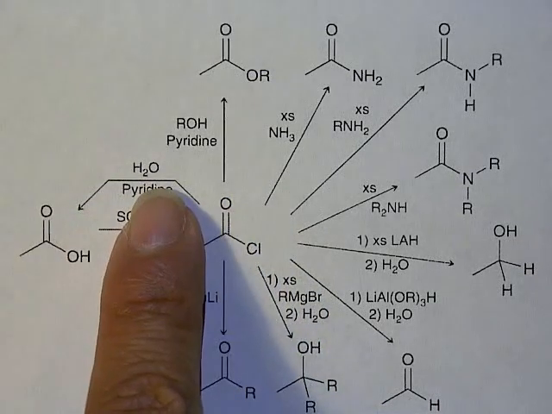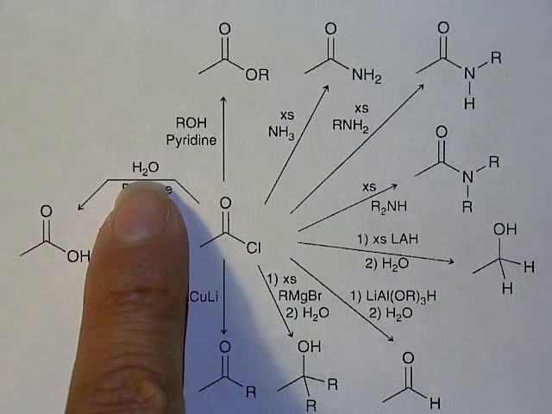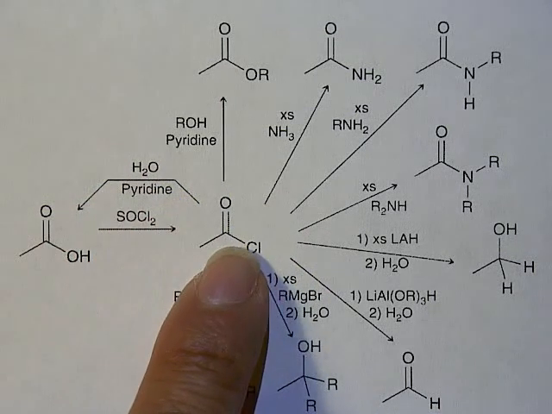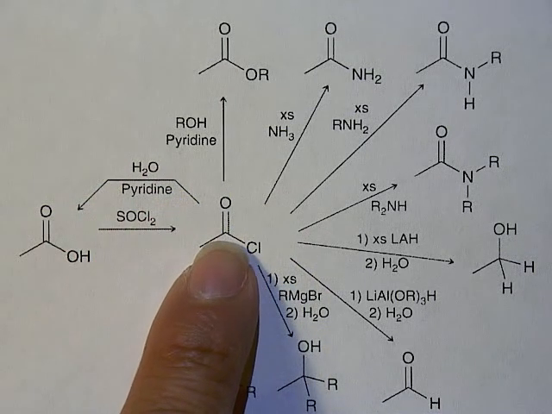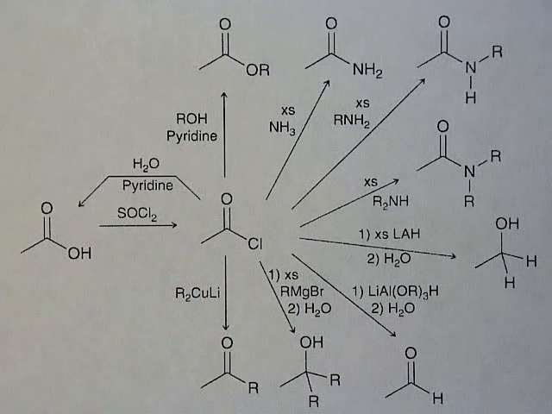One of the first nucleophiles that you should be able to figure out is water. Acid chlorides are very reactive, so they're prone to hydrolysis. Even if you buy acid chlorides in a jar, you have to make sure that you cap it carefully and that you don't leave it open, because moisture in air will react with acid chlorides immediately.